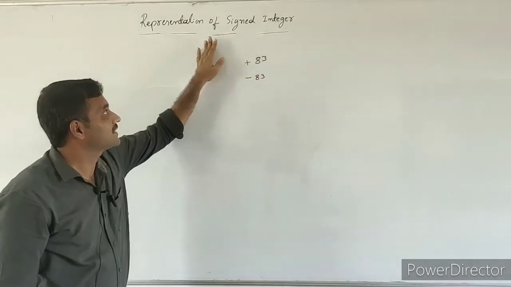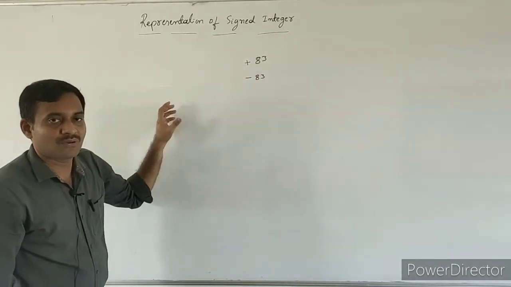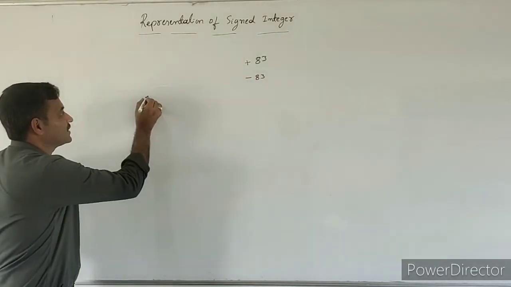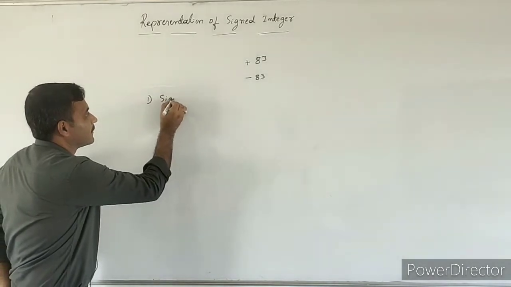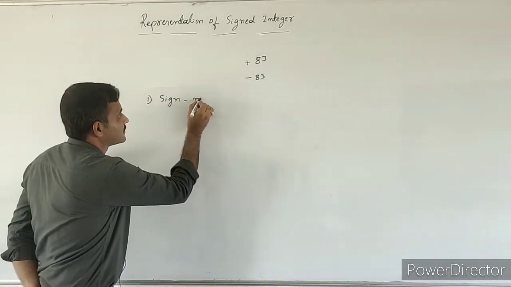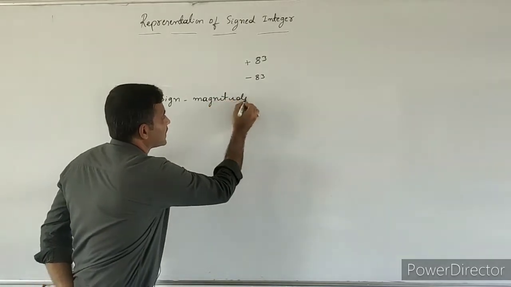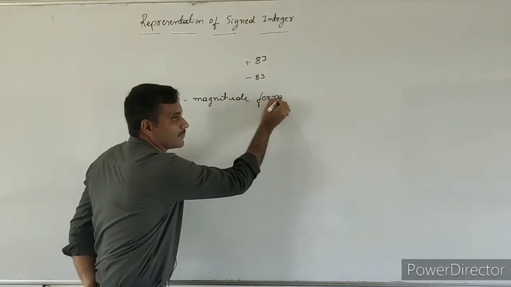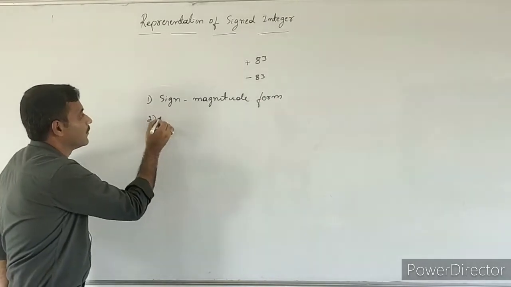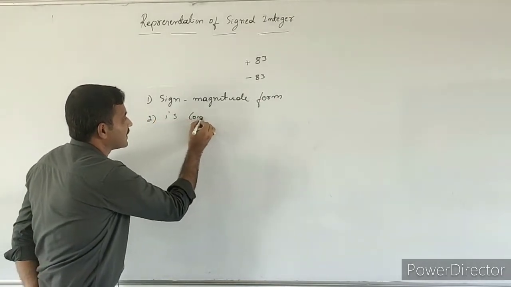To represent a signed integer, we follow three methods. The first one is sign magnitude form. The second one is ones complement method.